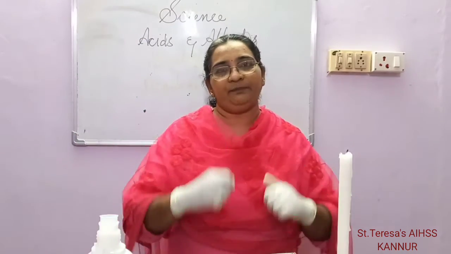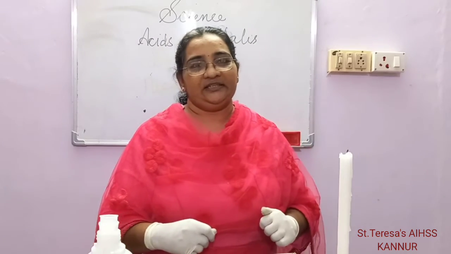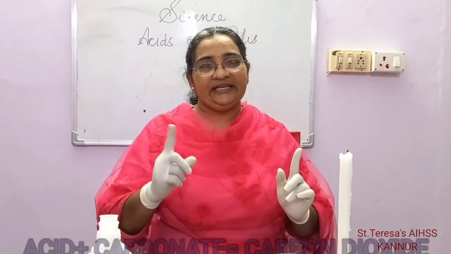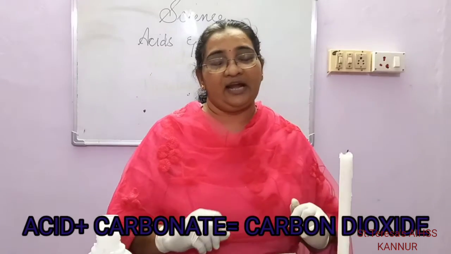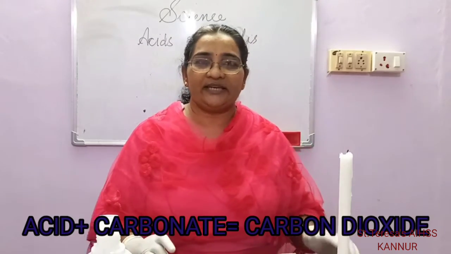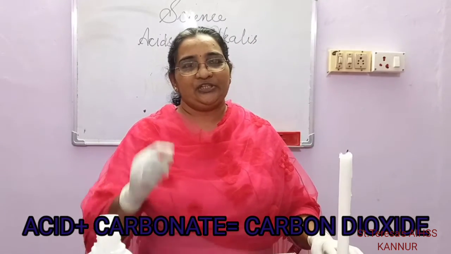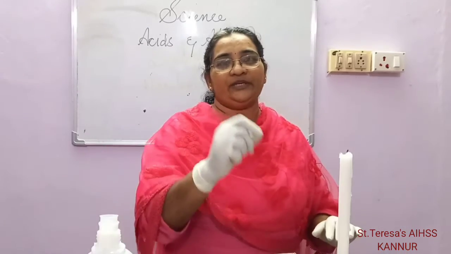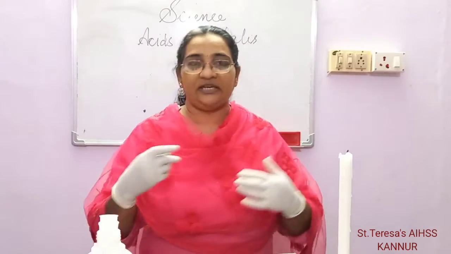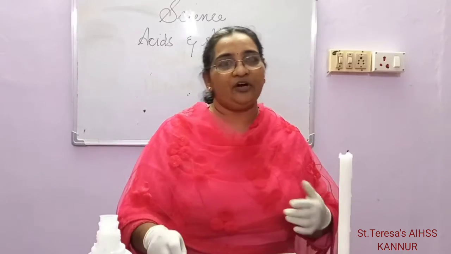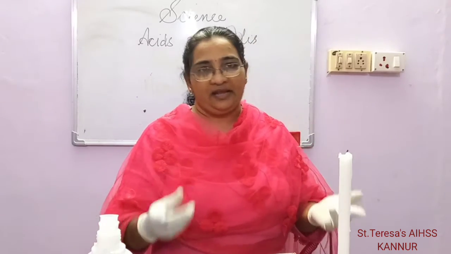So how did we prepare carbon dioxide? What was that reaction? Yes, when an acid reacts with a carbonate, carbon dioxide is produced. So an acid reacts with carbonate, carbon dioxide is produced. So instead of eggshell, if you take chalk powder, also the same thing will happen.